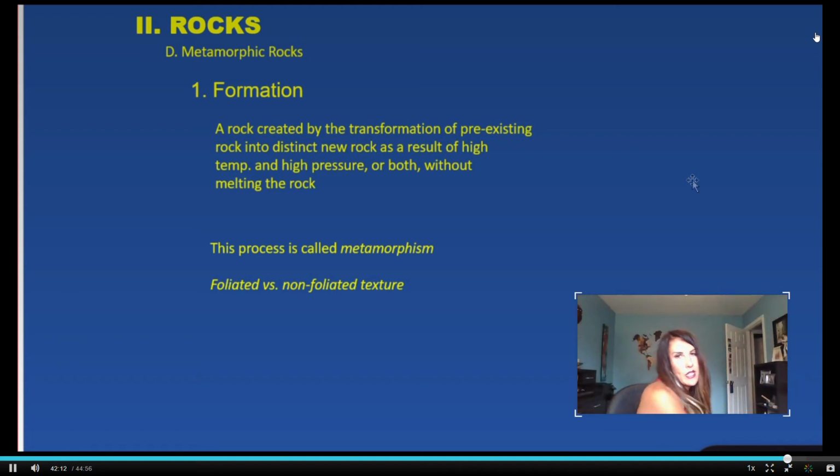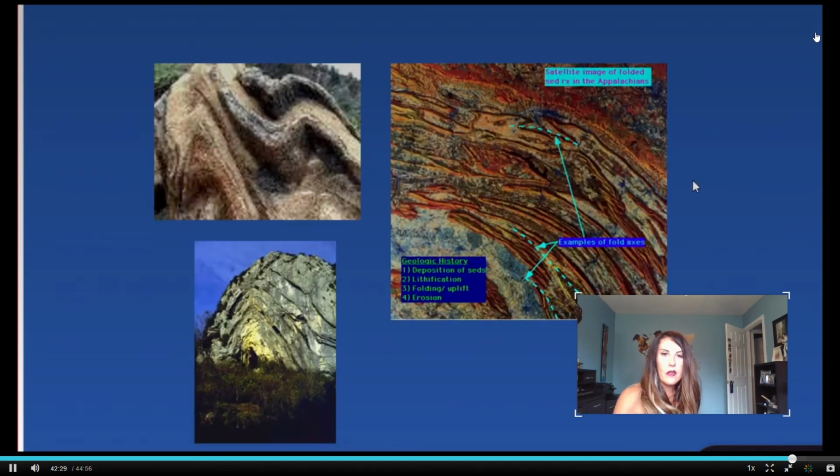And the remaining texture, after you apply that heat, is crystalline. So marble is an example of a non-foliated metamorphic rock that originated as limestone. Anytime that you're out and about and you see rocks that are folded, usually they have undergone metamorphism.